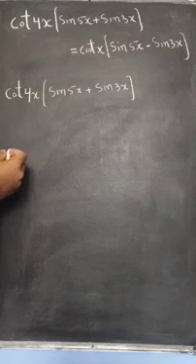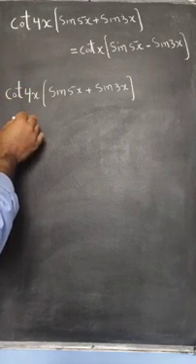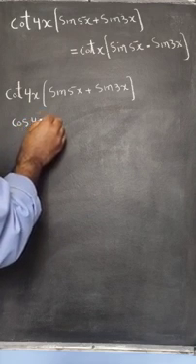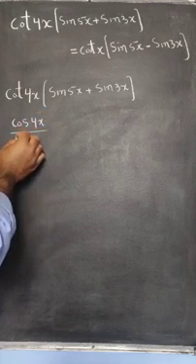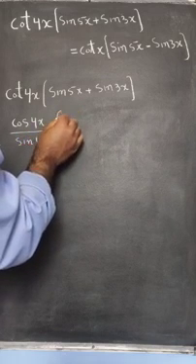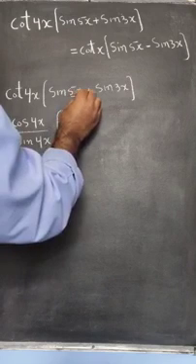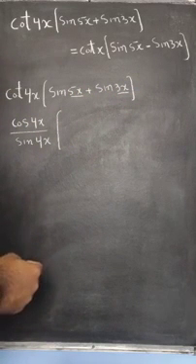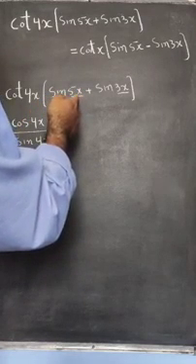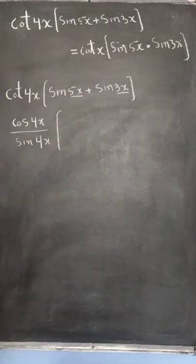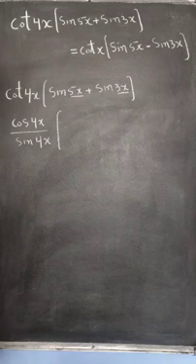that is equal to, instead of cot we can write cos 4x divided by sin 4x. Now if we treat 5x as a and 3x as b, then we know that sin a plus sin b is equal to twice sin a plus b divided by 2 cos a minus b divided by 2.